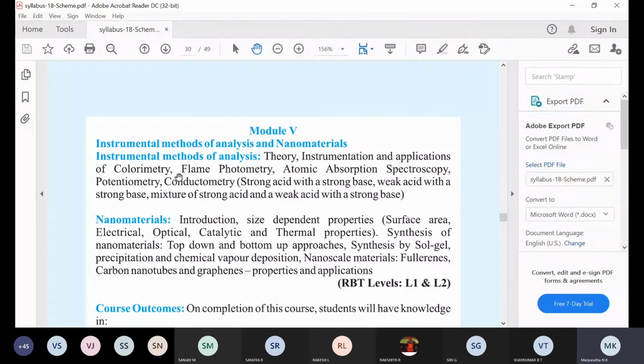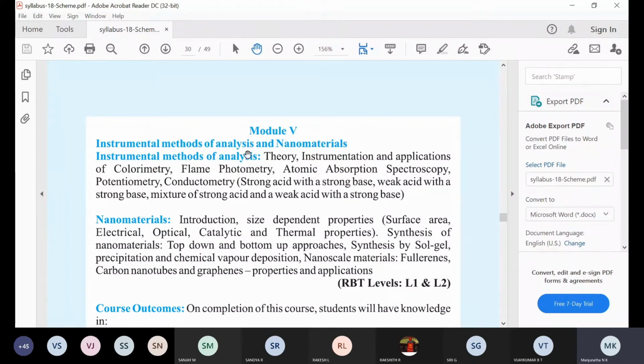Another is conductometry, determination of the amount of acid present in a given acid mixture. So colorimetry, flame photometry, potentiometry and conductometry, these 4 instrumental methods of analysis you are going to do in the engineering chemistry lab.